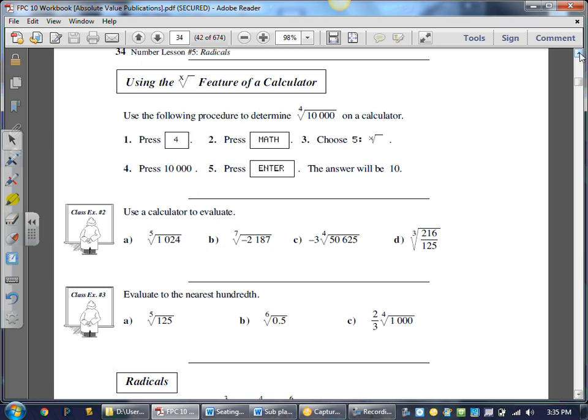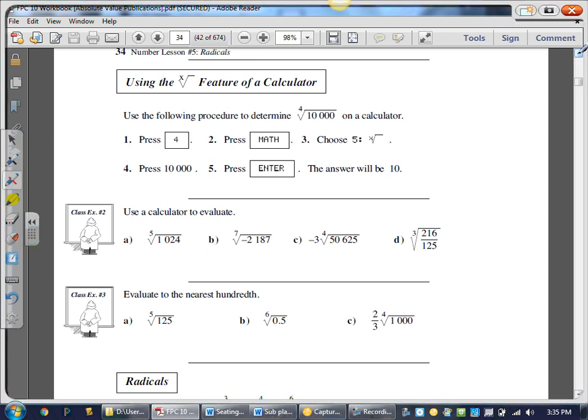Okay, so we get to do some practice. We get to learn how to use the feature of our calculator. I mentioned this on Friday, but for those of you that can't remember or didn't have your calculators, you can find whatever radical you want, whether it's a 4th root, a 3rd root, a 5th root, and it's all under the math button. If you want the 4th root of 10,000, you hit 4 first, because you have to tell it what index you want.